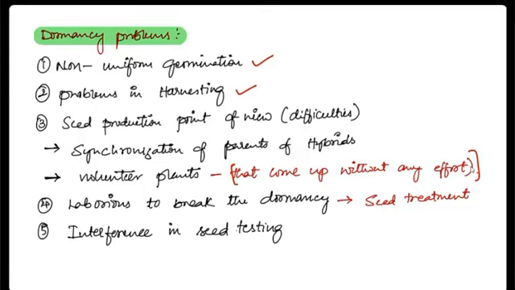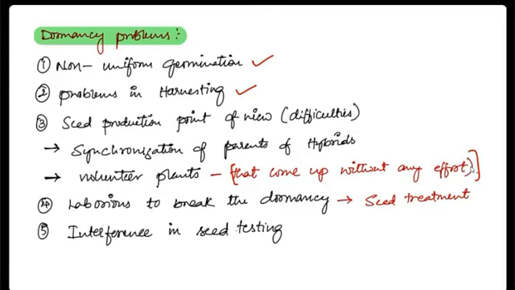So this is the problem of dormancy in the case of volunteer plants. And it is laborious to break the dormancy. If there is dormancy in the seeds in field conditions, you need to apply seed treatment, which is again a laborious process. So this is one of the problems of dormancy.